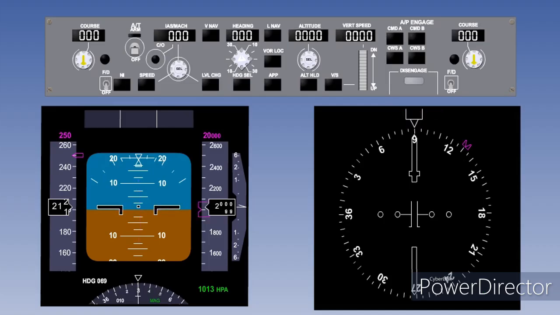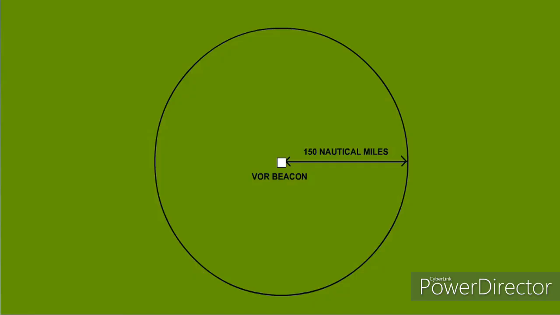The aircraft can automatically capture and track a VOR radial or a localizer beam by using the VOR selection. In this example, we will capture a VOR radial. Localizer mode will be described in the Autoland operation lesson.